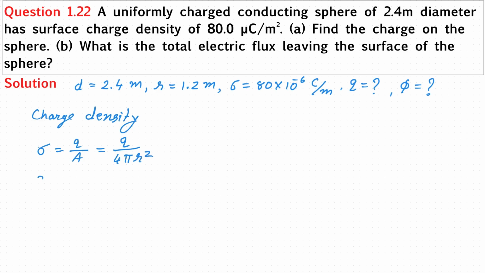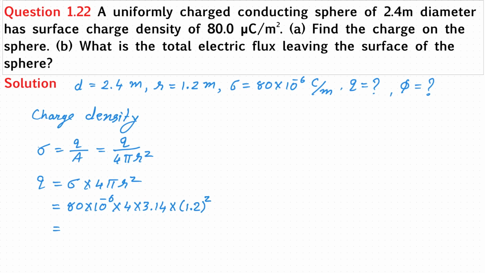And from that you can find Q now. Q will be equal to sigma × 4πr². Now let us put all the values. The sigma is 80 × 10^-6 multiplied by 4 multiplied by 3.14, and the radius r is given 1.2, so it is 1.2 whole square.